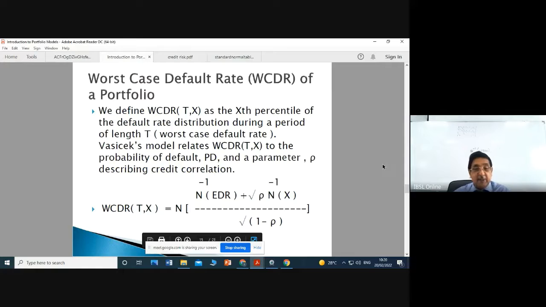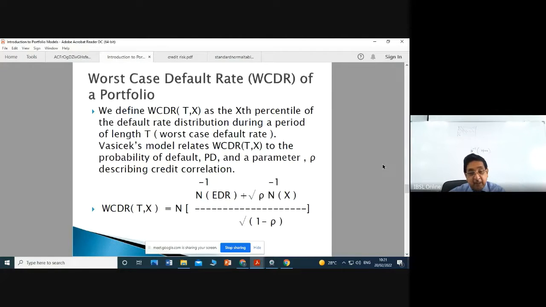And really the assumption is in a portfolio, in a worst case situation, all the loans in a portfolio will have the same correlation. That is how the worst case is defined.